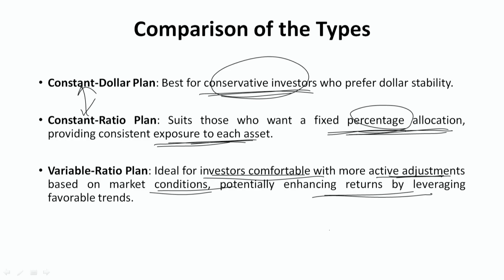You do not have any fixed proportion of asset class which you have already determined. So in those conditions, this is considered to be better, and they are active in nature and they want to take maximum return from the market in which they have put their money.